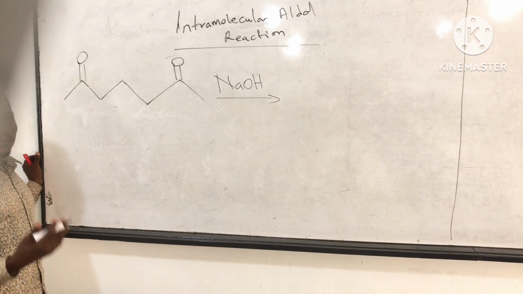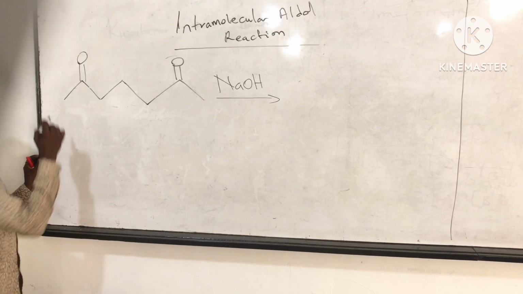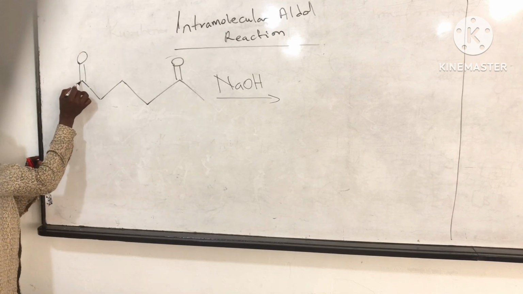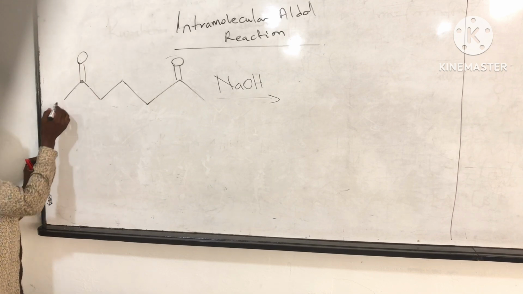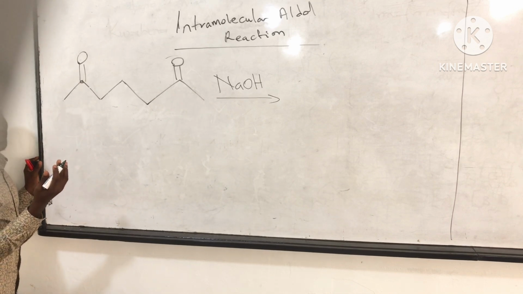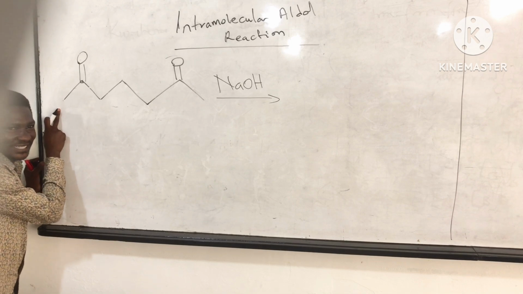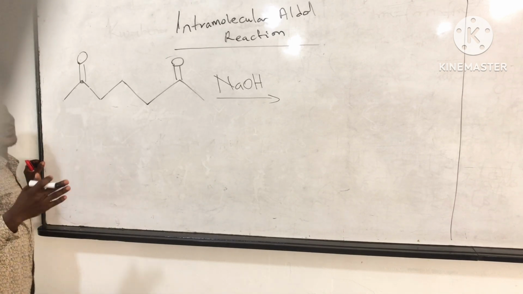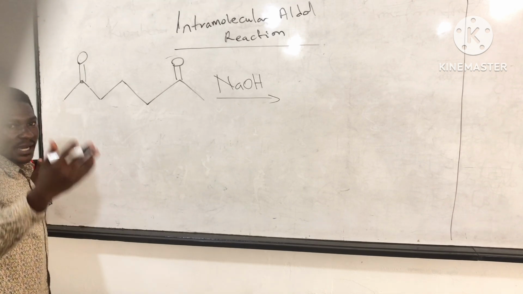Now we say that alpha carbons are carbons that are directly bonded to the carbonyl carbon. If you take this carbonyl system, the carbon that is bearing the oxygen is what we call the carbonyl carbon, and the carbon that is directly bonded to that carbonyl carbon is what we call the alpha carbon. For that matter, any hydrogen that is attached to that alpha carbon is what? An alpha hydrogen, and that is what is going to help us to form our carbanion or our enolate ion.